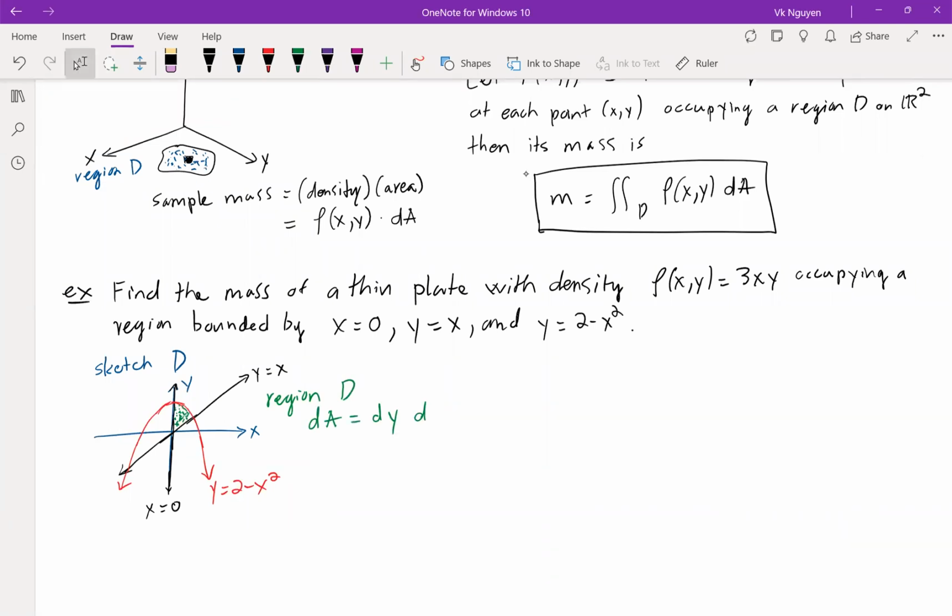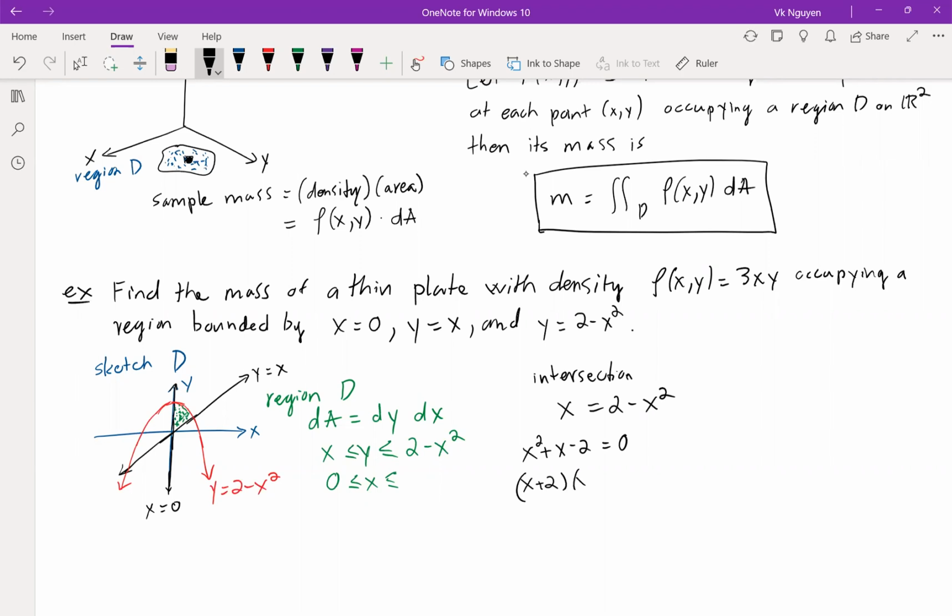dA is dy dx, right? y goes from x to 2 minus x squared, and then x is going to go from 0 to, okay, the intersection. x equal 2 minus x squared, so x squared plus x minus 2 equal to 0. x plus 2, x minus 1.